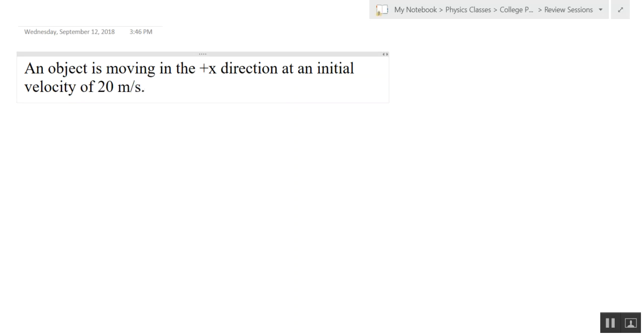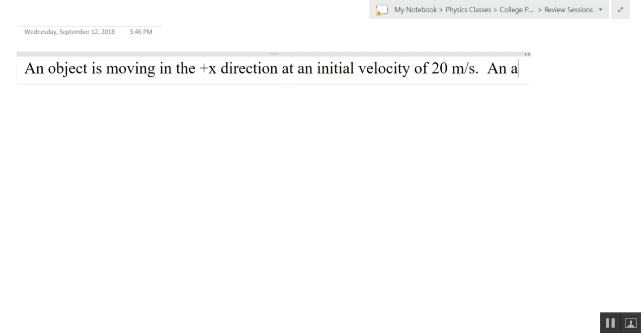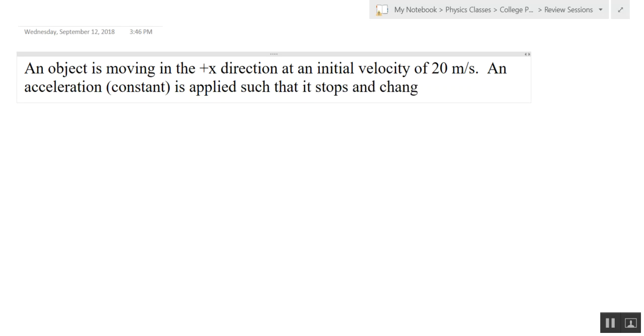So an acceleration, all right, so it's constant. I forget the constant, but of course it's constant. Is applied to it such that it stops and changes direction.